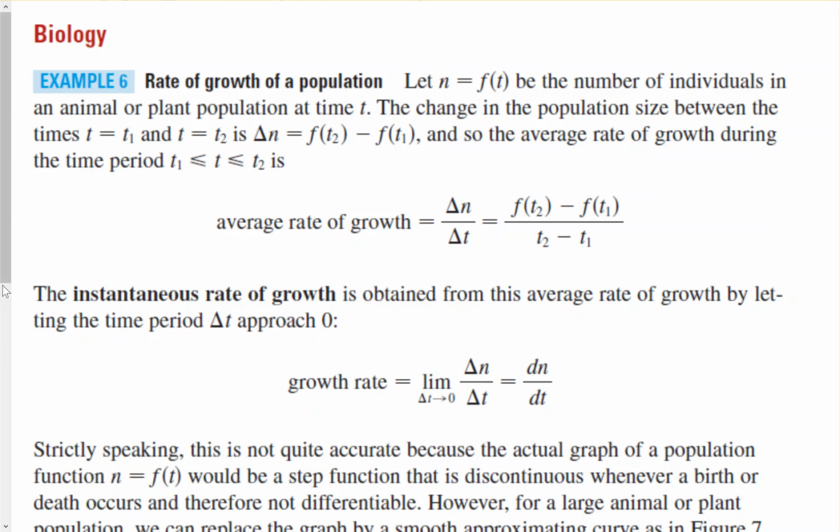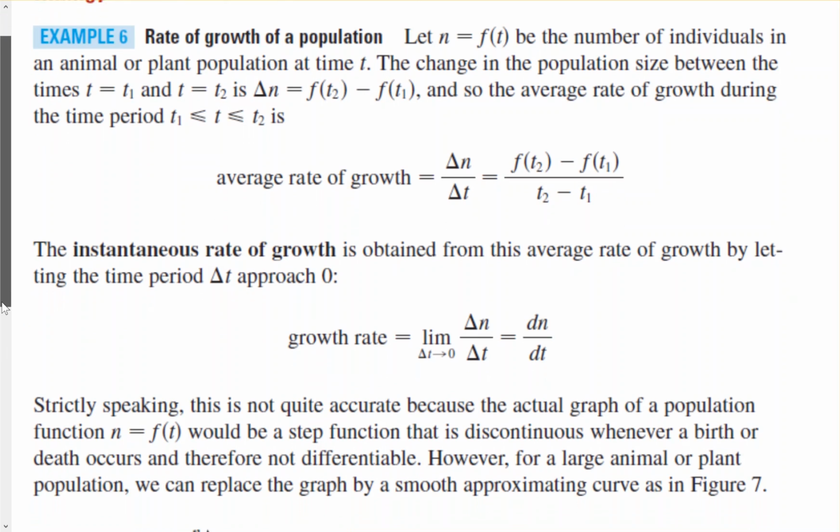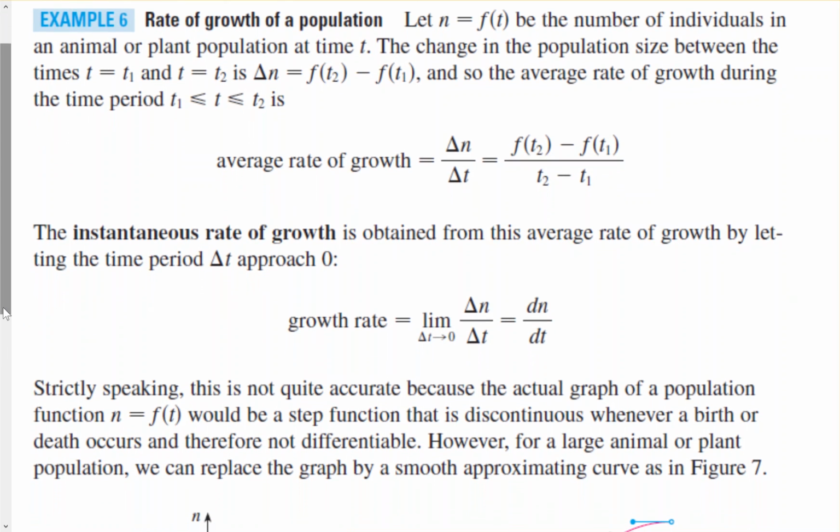Okay, biology, rate of growth of a population. Let n equals a function of time, the number of individuals in an animal or plant population at time t. The change in population size between the times t1 and t2 is delta n, which equals f of t2 minus f of t1.